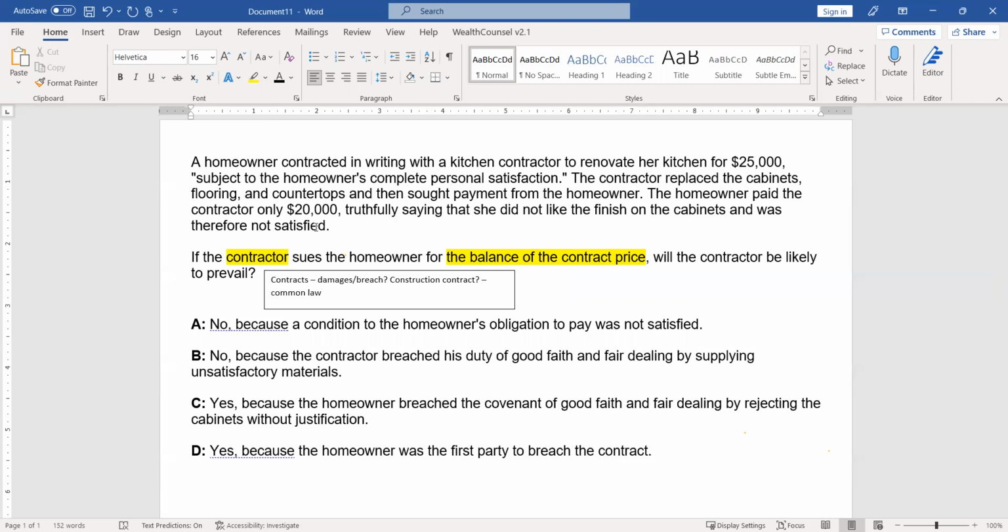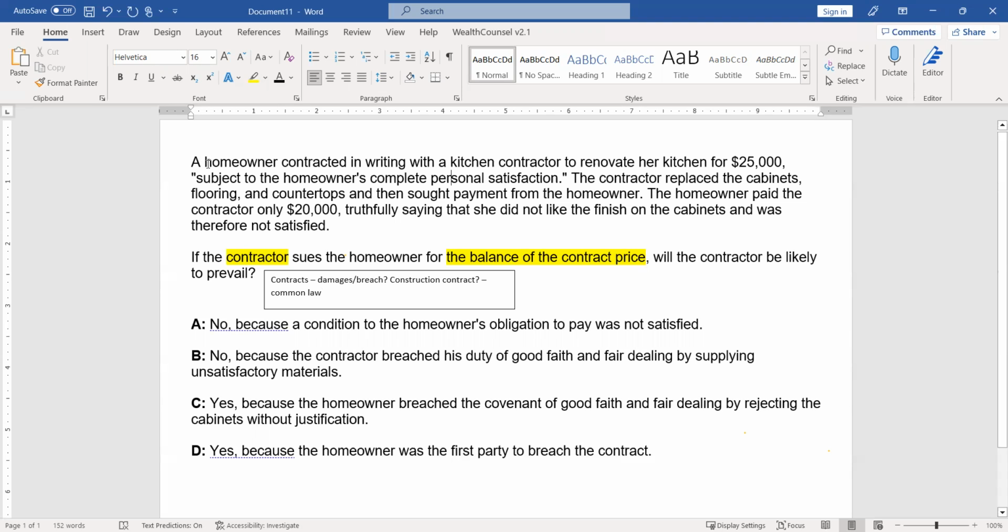So the next thing that you want to do is to identify whether or not this is a common law or UCC problem. If it's UCC, as I said, you have to shift your brain to the UCC outline, because our brain tends to default to common law. And that could lead you down the wrong path if it is a sale of goods question.